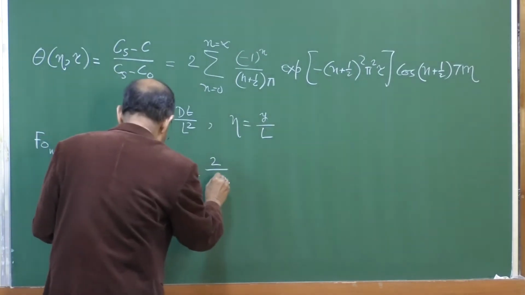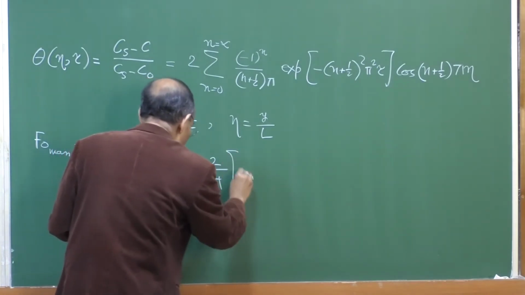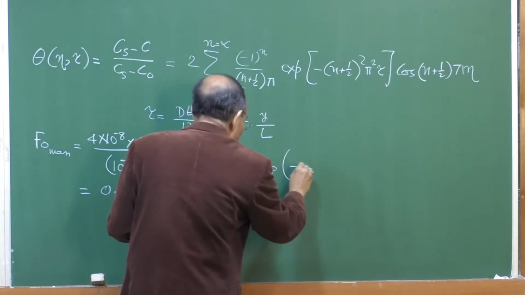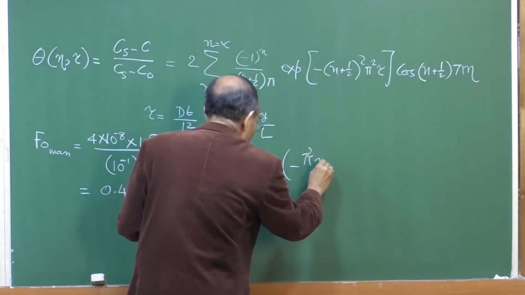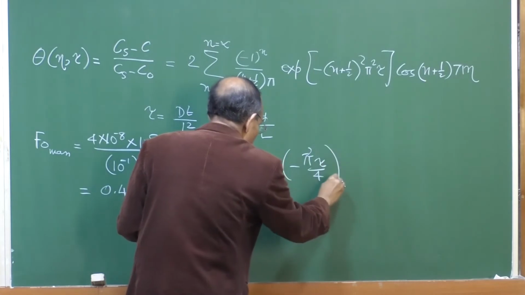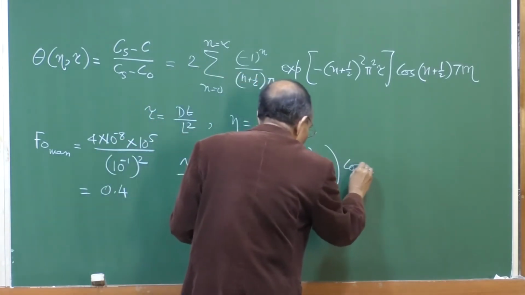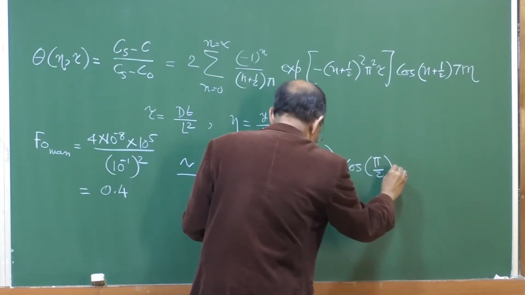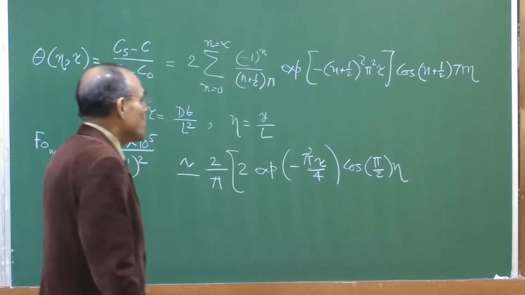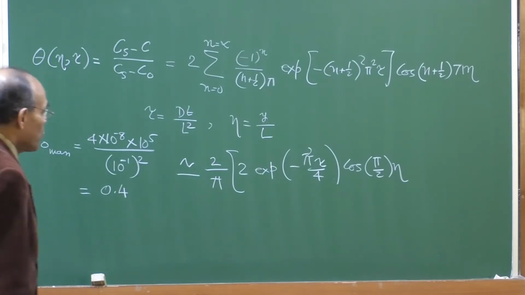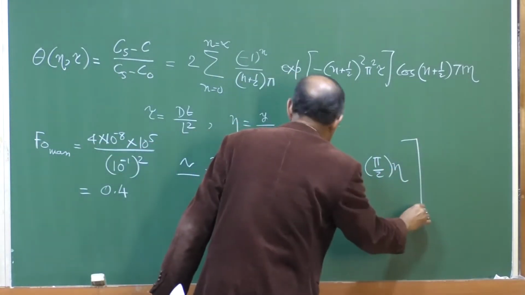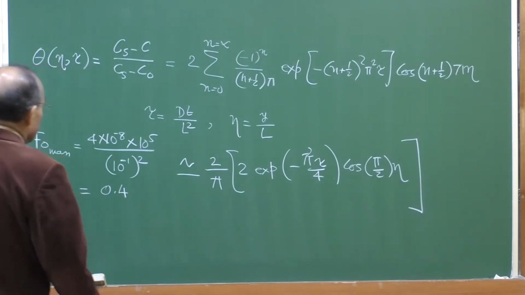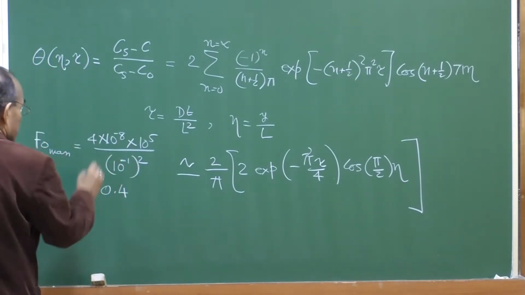So, according to this scheme we can write that theta is equal to 2 by pi into exponential of minus pi square tau by 4 into cosine of pi by 2 into eta, because we want to find the temperature at the center. Now we can put in the values.